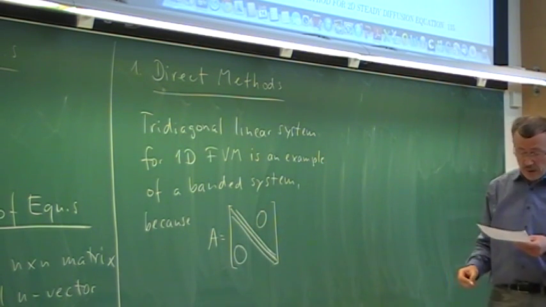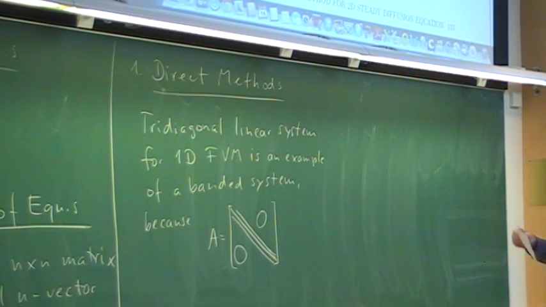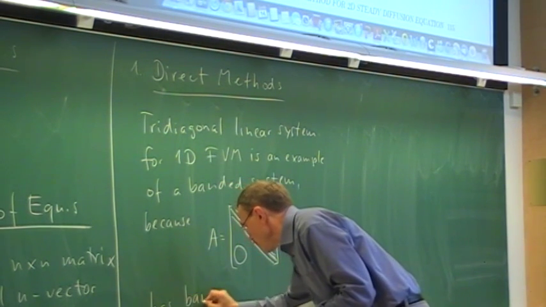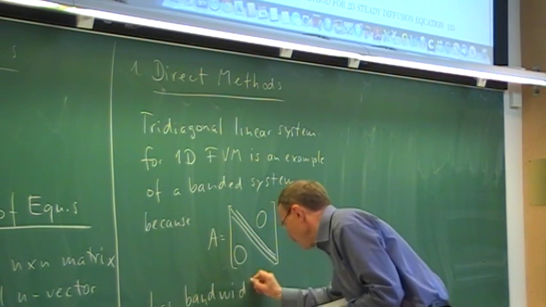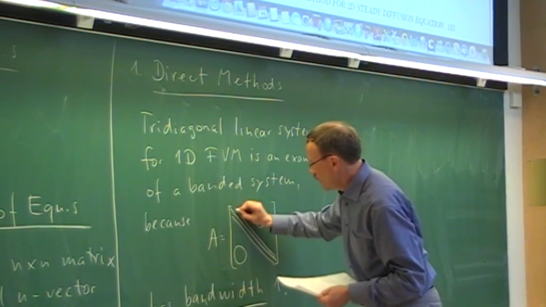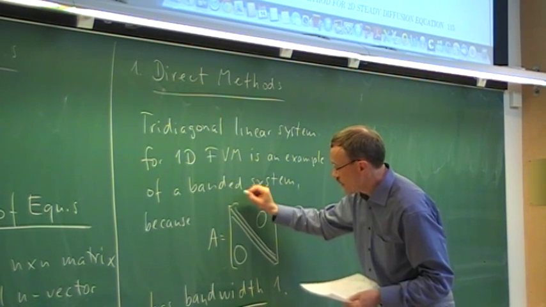And you see the name, it has these bands, they are the diagonals. And this matrix actually has bandwidth 1. And you can count that by the number of elements that are not 0.